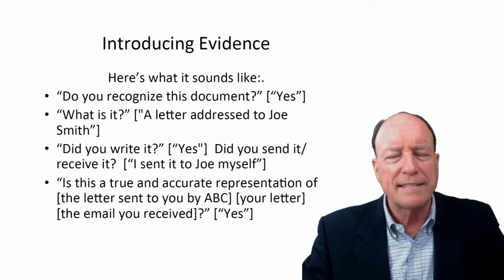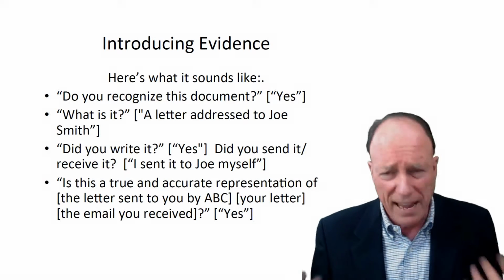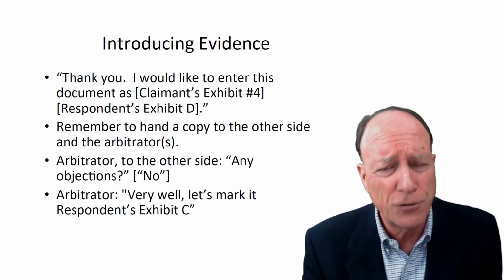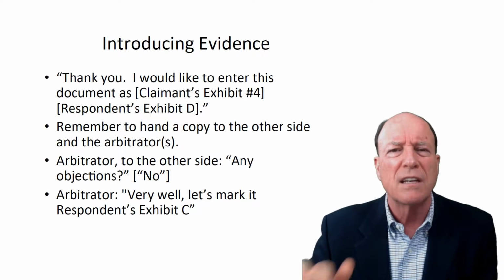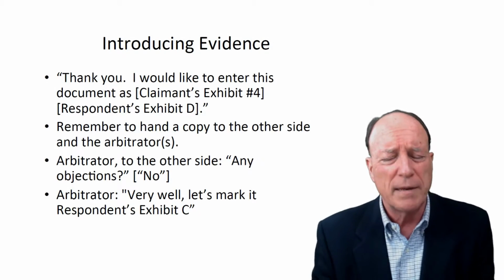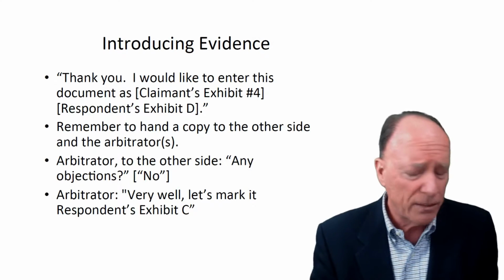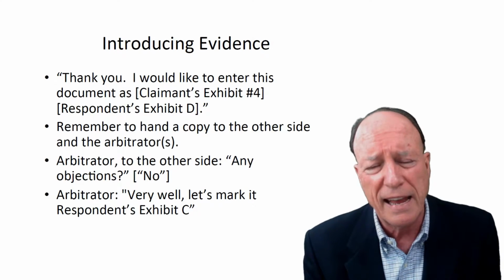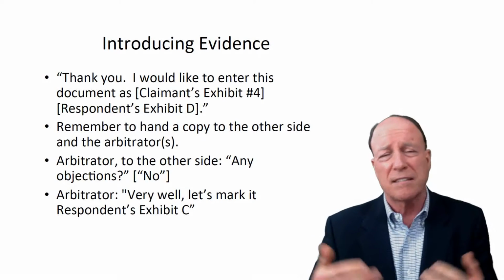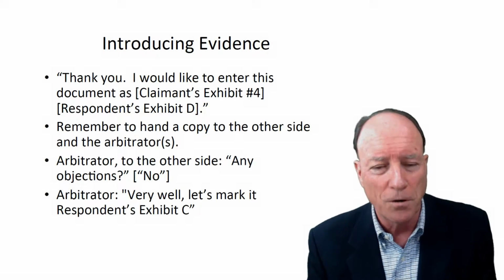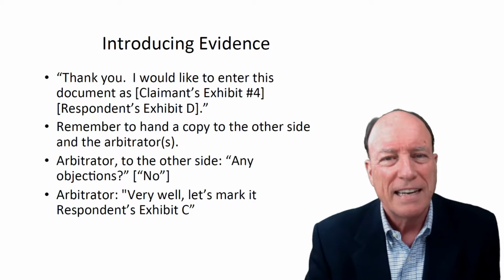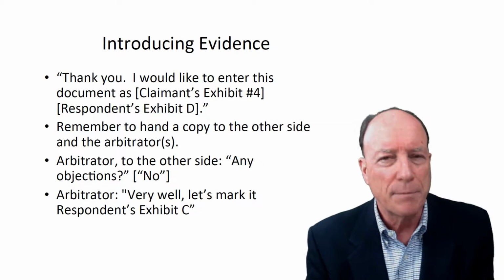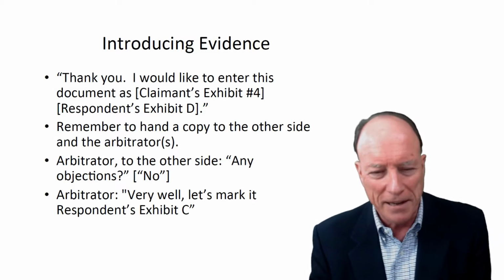Now, once the witness says yes, that is exactly what it appears to be, and this is an important phrase, that it is a true and accurate representation of the document itself, you thank the witness and you turn to the arbitration panel and say, I would like to enter this document as claimant's exhibit number 4, or whatever is the next number or letter in the series of exhibits that you are helping the arbitration panel keep track of.